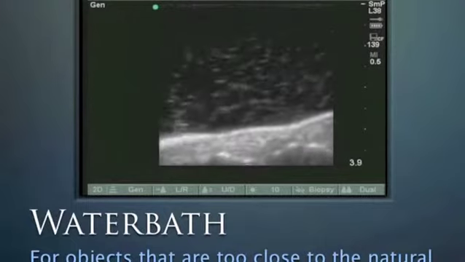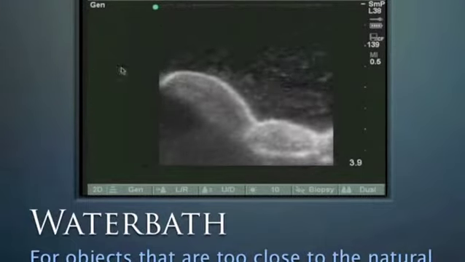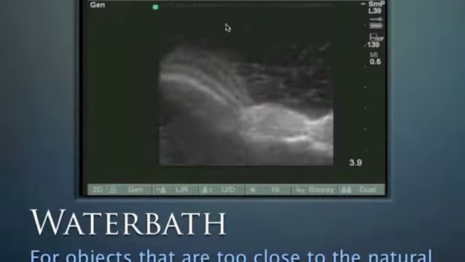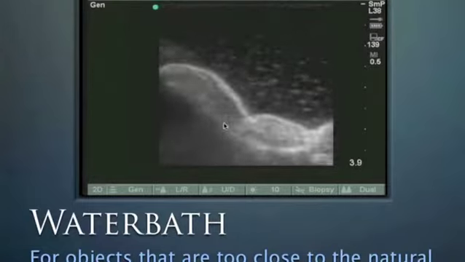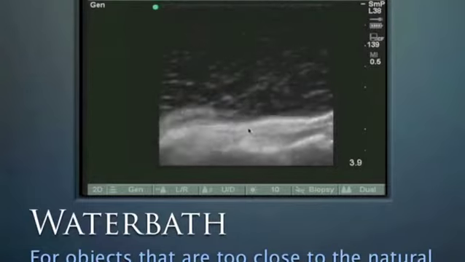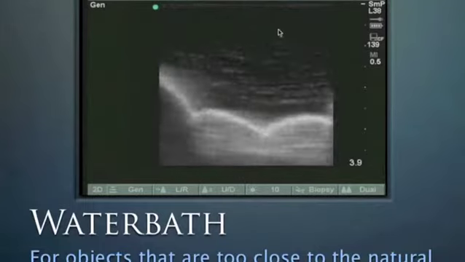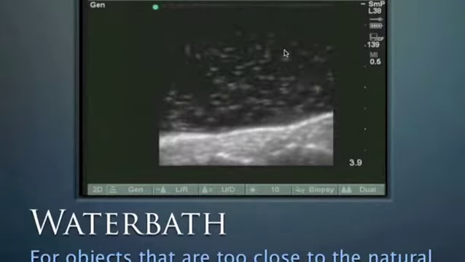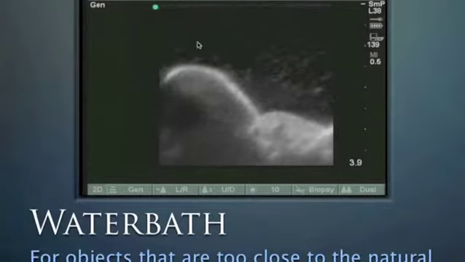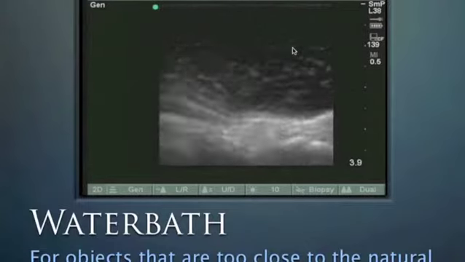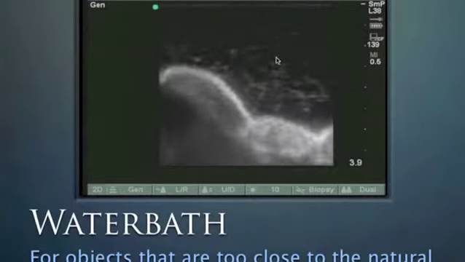This is what a water bath looks like here for objects that are too close to the natural focal point of the transducer. This is just the palmar surface here of the finger, and we can see that there are all these specular reflectors, this hyperechoic sort of snowstorm that we see in here.